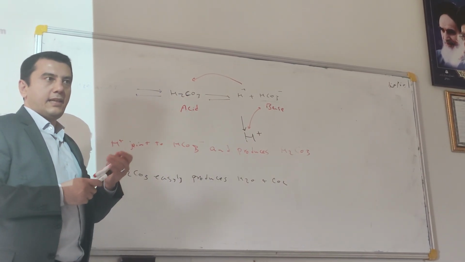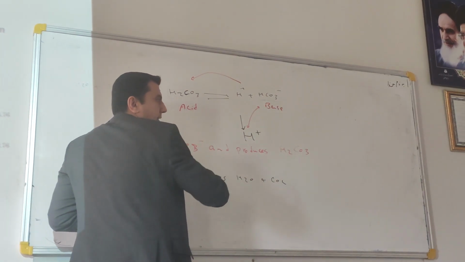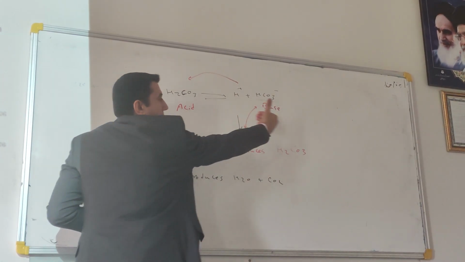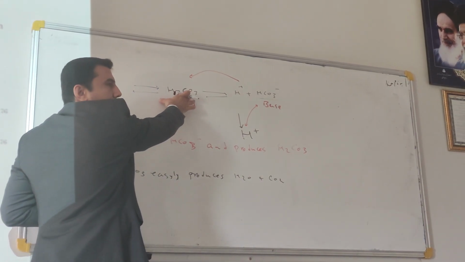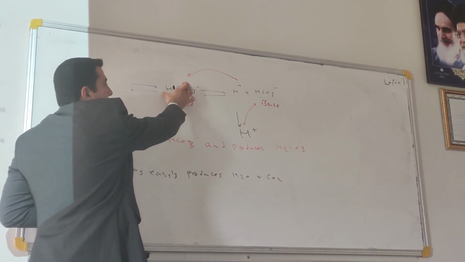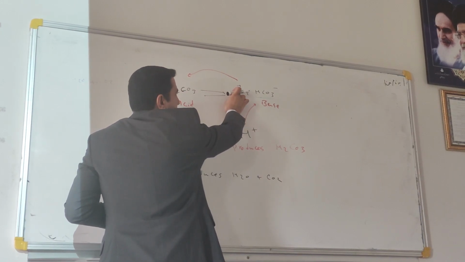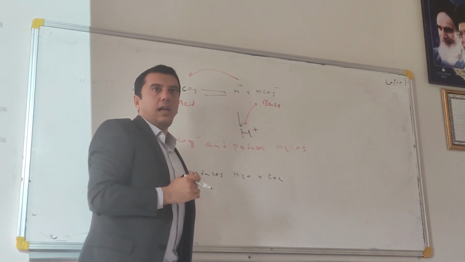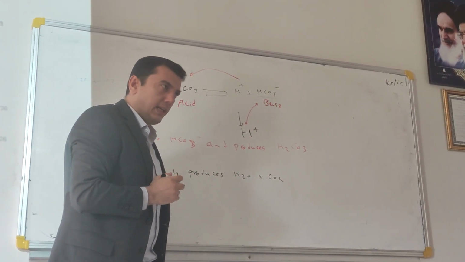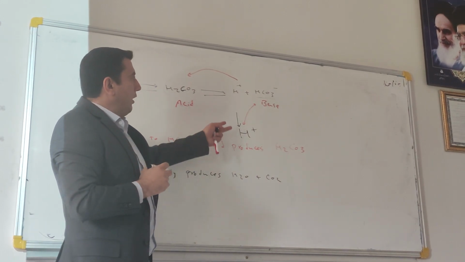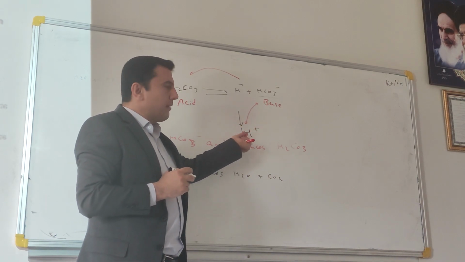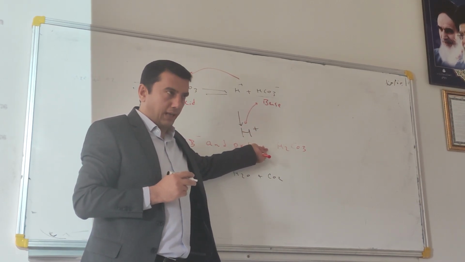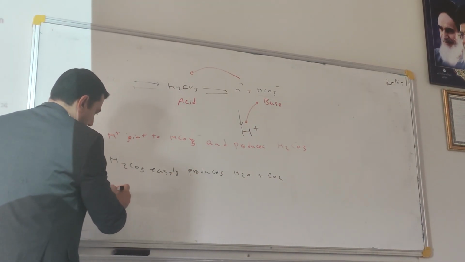As you can see, when you lose H plus, the equation moves to the right side, so that H2CO3 dissociates to H plus and HCO3 to compensate the removed H plus.